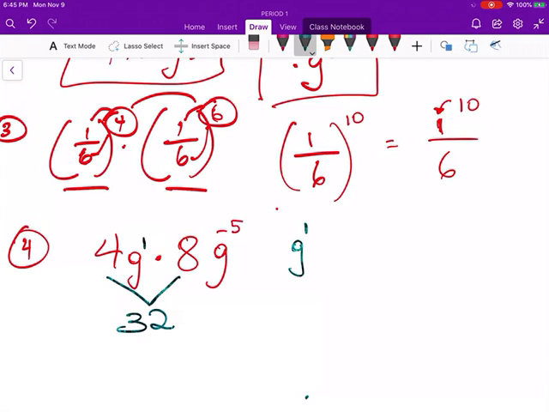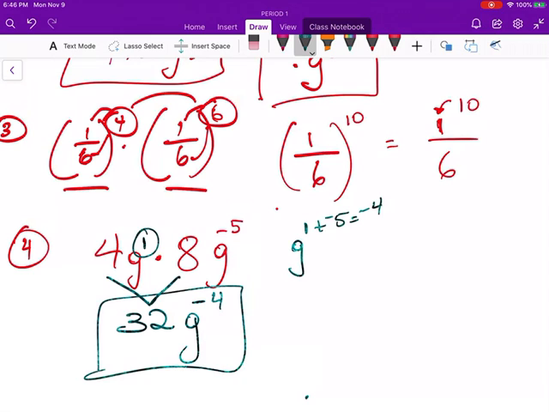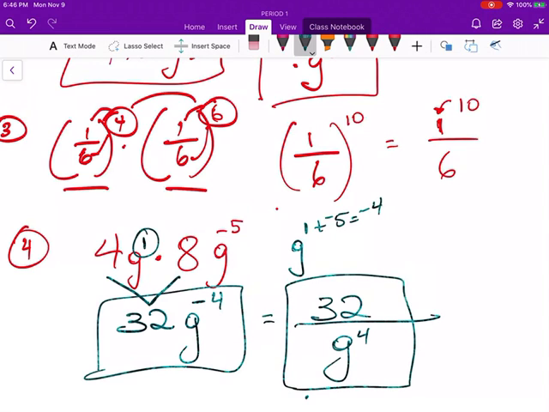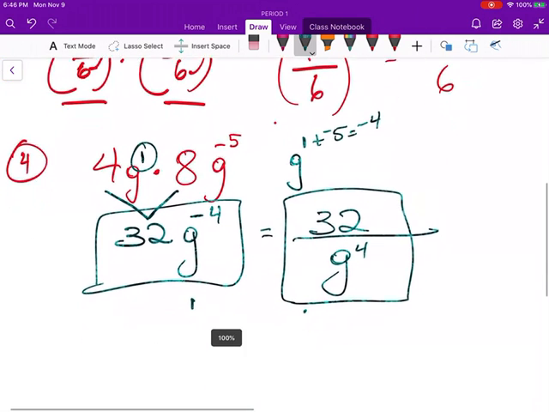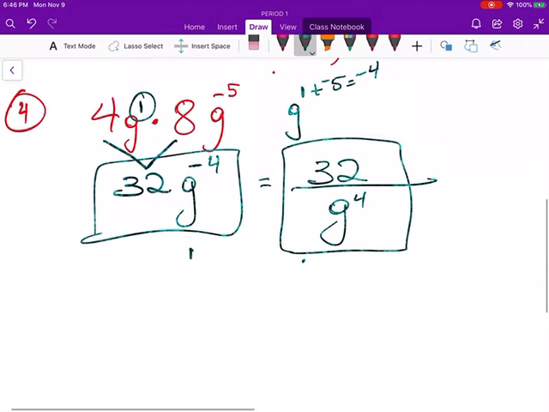So it's g, 1 plus negative 5. 1 plus negative 5 is negative 4. So we get g to the negative 4. You could write it like this, or you could put the g on the bottom with a positive 4. One more time, if you need to pause the video, pause the video. Make sure you play it as many times as you need.